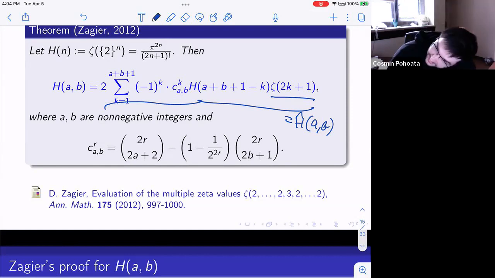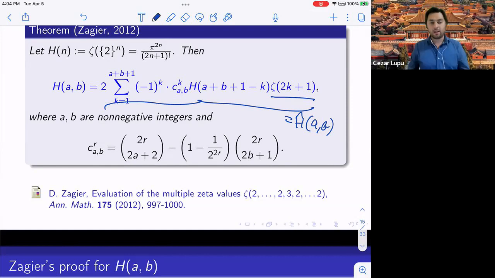Actually, that's a very good question, because Brown didn't conjecture this formula. In fact, Brown said they didn't even know the formula. So Zagier guessed the formula based on some experience. In his paper in the Annals, he actually says in one page how he guessed the formulas, how he looked for patterns, put it on a computer and so on, and then he guessed the formula and then he proved it.